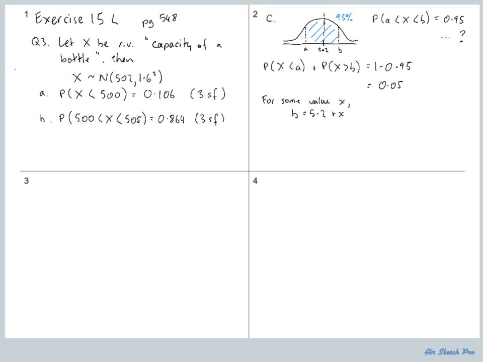I can't even read my own writing, it's a bit dodgy. 502, I'm going to write that in neatly here as well. 502, Richard. B must be 502 plus some value of x, a positive value. Okay? And A, being on the left of 502, and given that it's symmetrical, must be 502 minus x, because they're symmetrical.